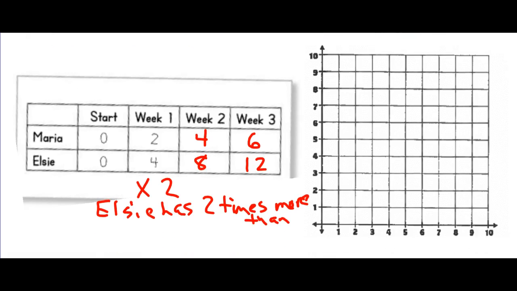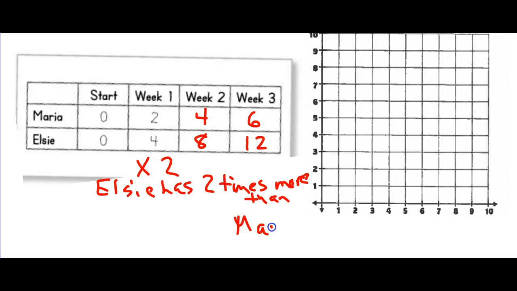So we're going to plot this. Okay, so Maria and Elsie both start with 0, so our first point is at 0, 0. Then Maria, we're going to put her on the X, and Elsie on the Y. When Maria has 2, Elsie has 4. So we're going to plot that.